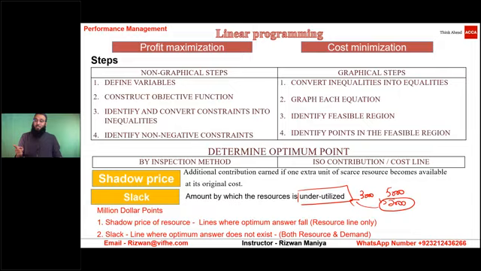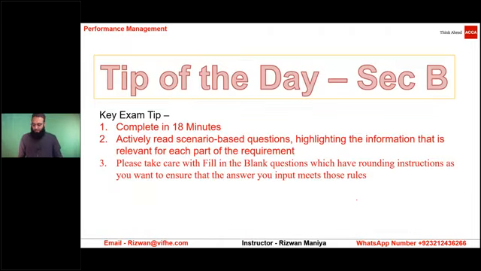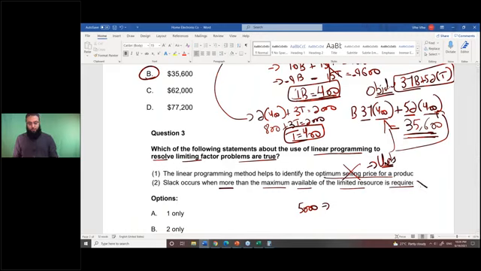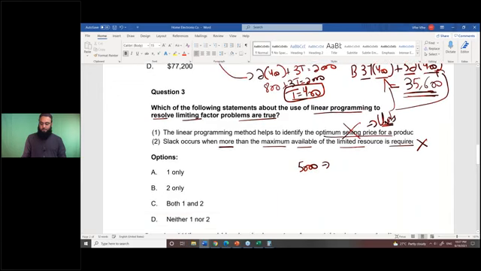So slack is not more than, it's the less than what is available. So that's wrong. Okay, it's wrong. Which means both the statements are false in this case.